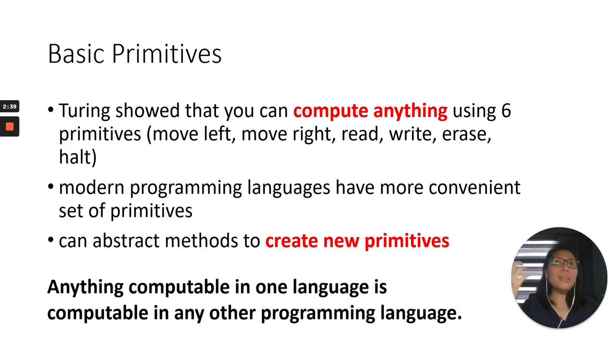It means anything you program in Python, you can also do in C or any other language. What if we program using just these 6 primitives? That's how wonderful programming is. Everything was built on top of the other.